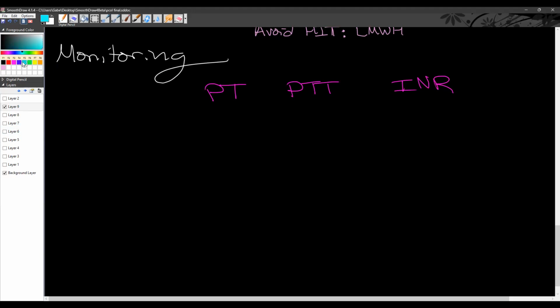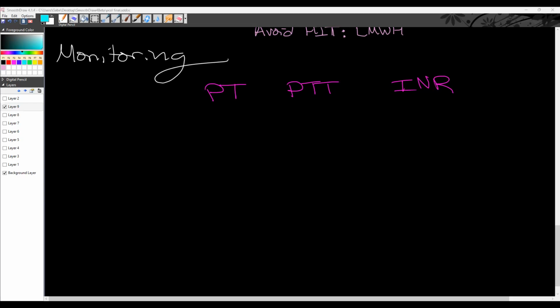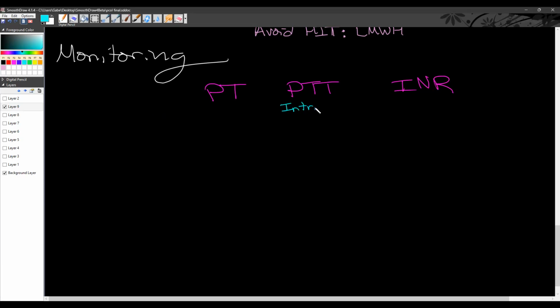So what these are is prothrombin time is... PTT is what affects the intrinsic pathway, whereas PT is a factor of the extrinsic pathway as well as INR.